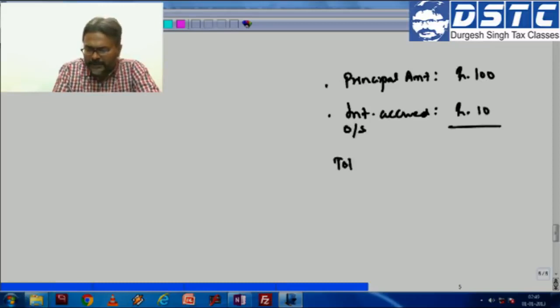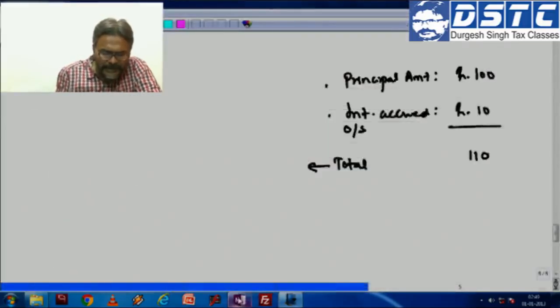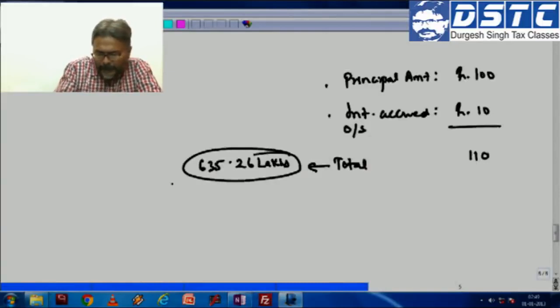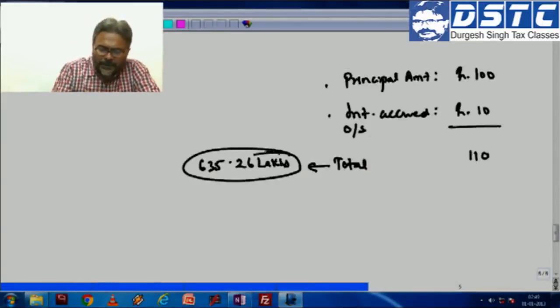So the total is 110. I am using simple numbers because these figures are all in decimals, which makes it a bit difficult for students, for example 235.26 lakhs.